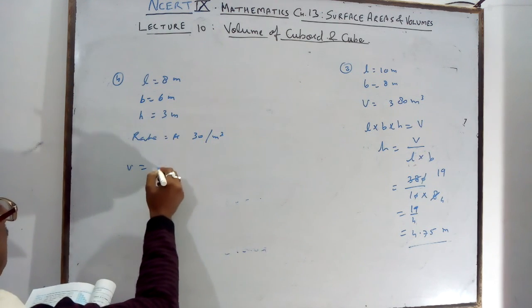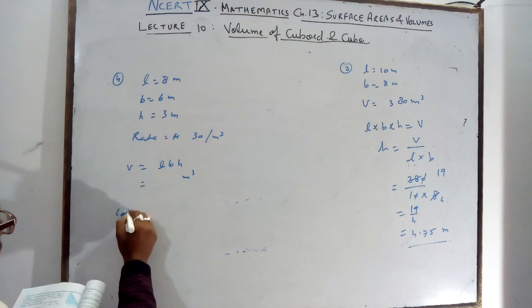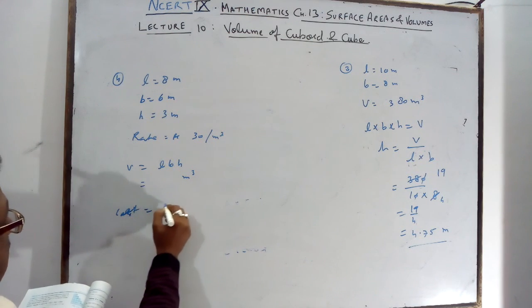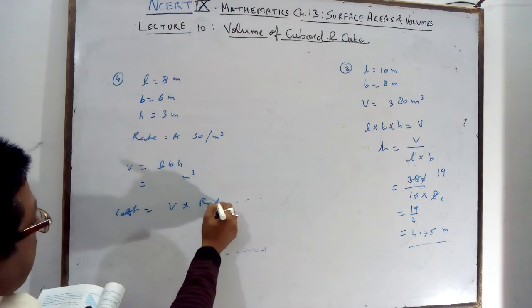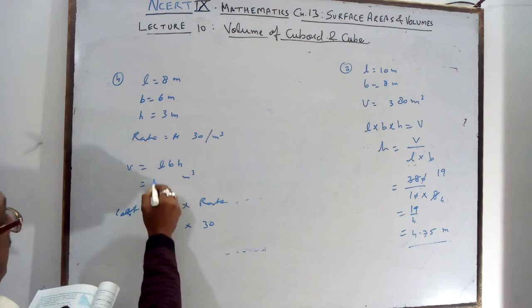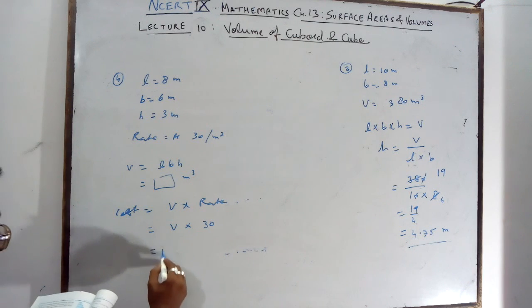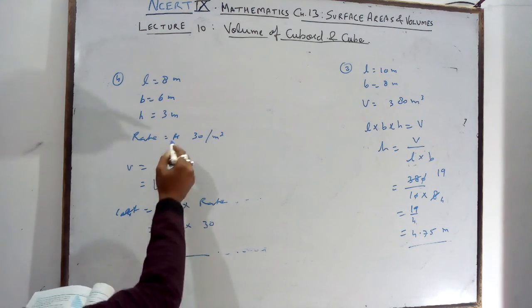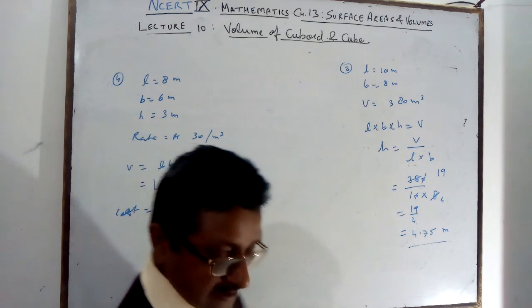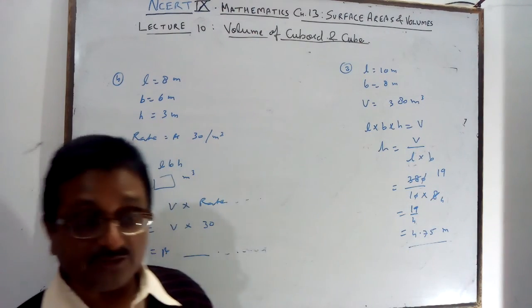So volume is equal to LBH. You will get the volume in meter cube, then cost is equal to volume into rate, that is volume multiplied by 30. What you are getting here, you will write LBH, put the values, and your answer will be in rupees. 1 meter cube costs 30 rupees. That's all, and the rest of the questions I will tell you in the next period.